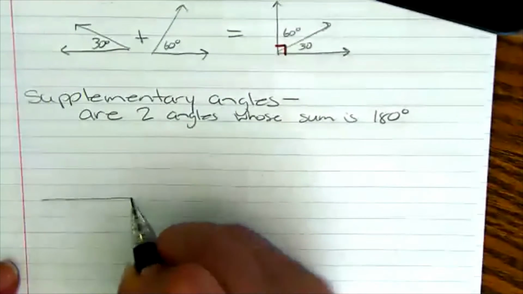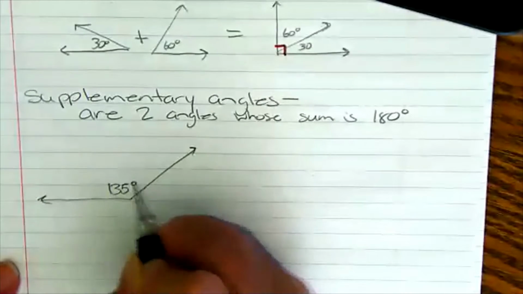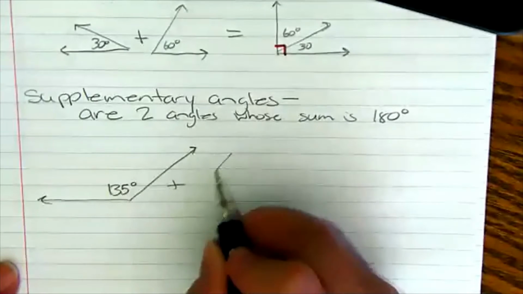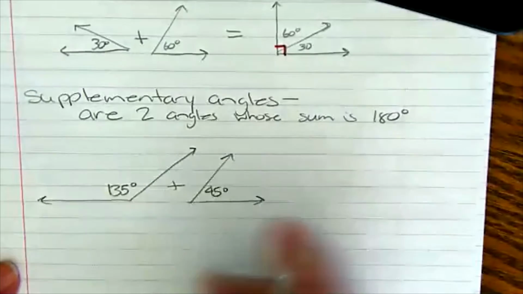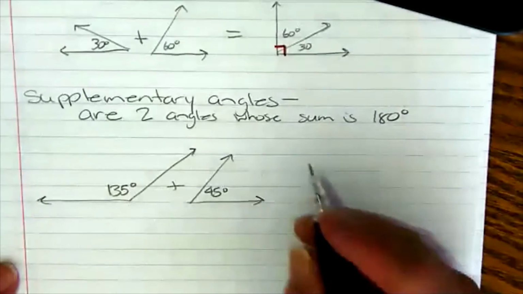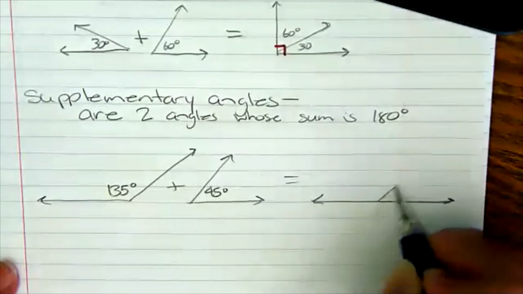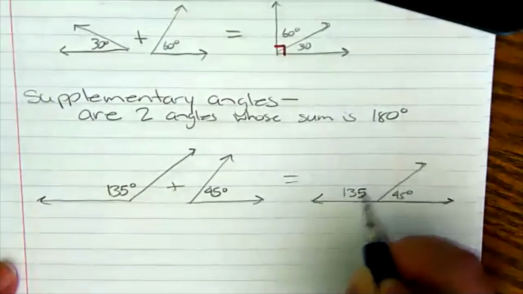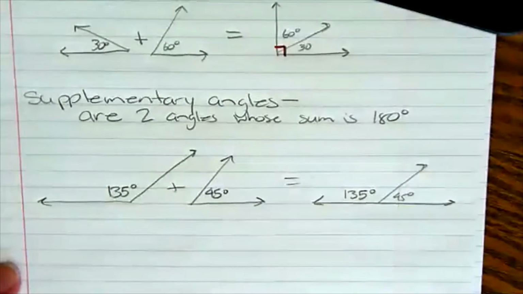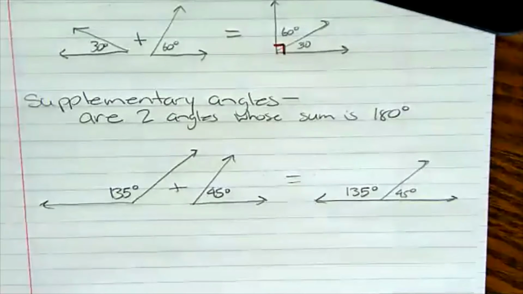So 135 degrees plus 45 degrees equals 180 degrees. That's it. That's complementary and supplementary angles.